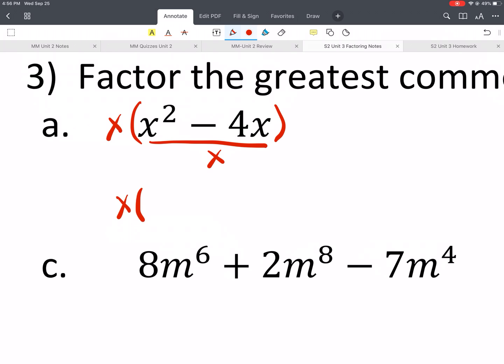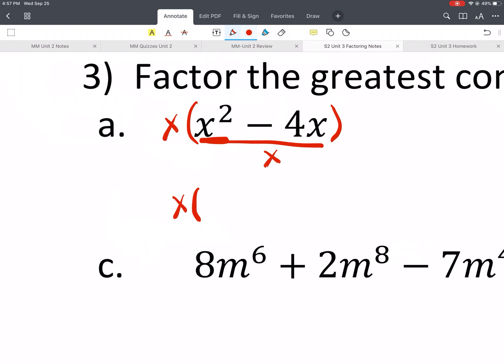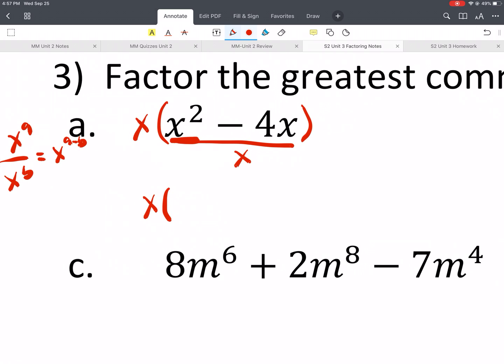So we'd have x times, and if we look at the first term, x squared divided by x. If we look at exponent rules, whenever we have something like x to the a over x to the b, that is the same as x to the a minus b. So all we're really doing is subtracting these exponents. And this would be like a 1 on the denominator.